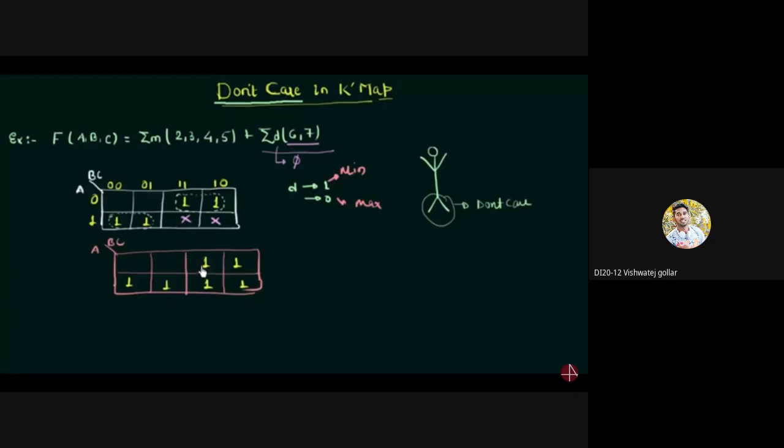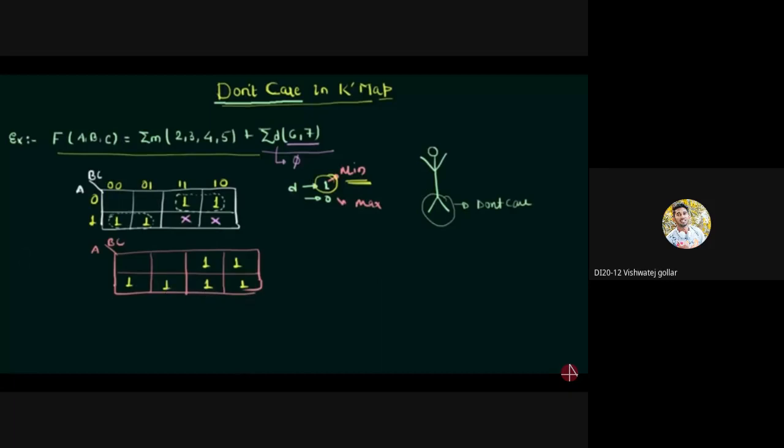In this example I'm minimizing my function f using the K-map with minterms, and I have already explained that in the case of minterms we take the don't care as 1. So I took the don't care as 1.